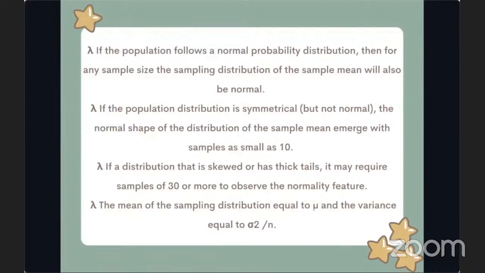If a distribution is skewed or has thick tails, it may require samples of 30 or more to observe the normality feature. The mean of the sampling distribution is equal to mu and the variance is equal to sigma squared over n.